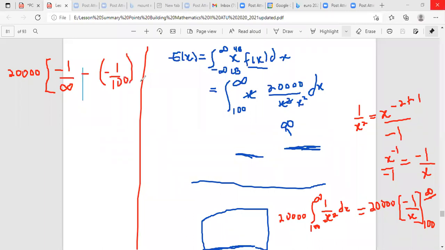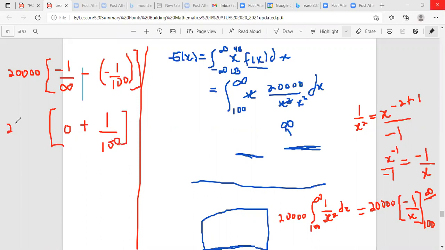I taught you definite integrals last semester. So 1 over infinity will give you 0. Any number divided by infinity will give you 0. Then negative times negative will be positive, so we have 1 over 100.